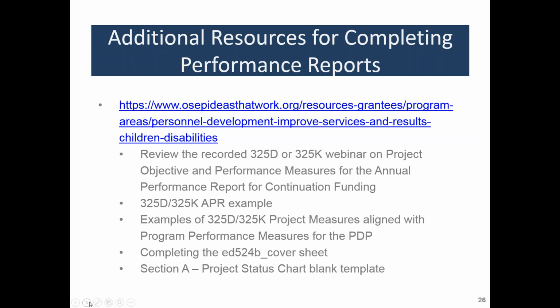There are additional products to assist you, such as an APR example, an example of project measures aligned to the program measures, reminders for completing the cover sheet, which you may want to share with your grants or business office, and a blank template for Section A for creating a draft and record of your project measures. As always, you can contact your project officer with any questions.